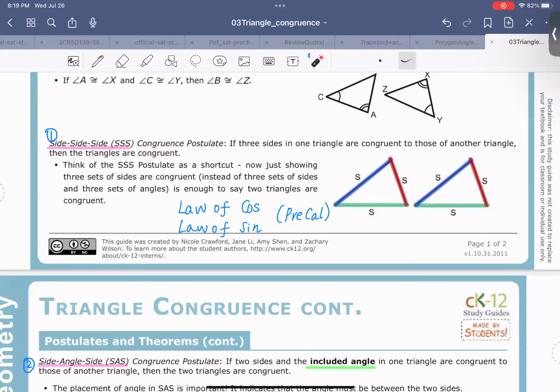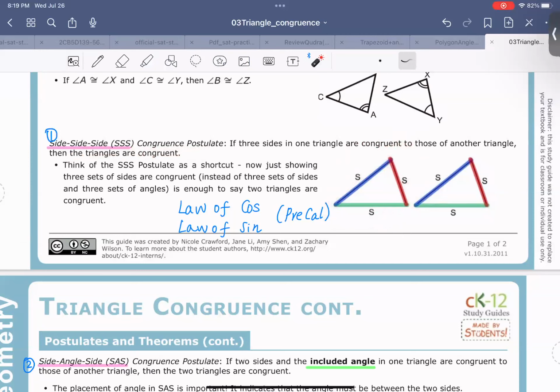So if you have 3 sides of a triangle, you can only make one shape of triangle. For example, if I give you 3 different sticks and I make these 3 sticks form a triangle, then this is the only shape of triangle you will be able to form based on these 3 lengths.